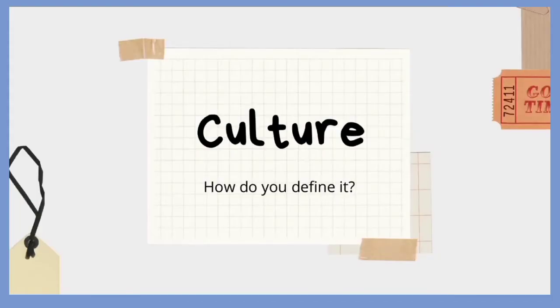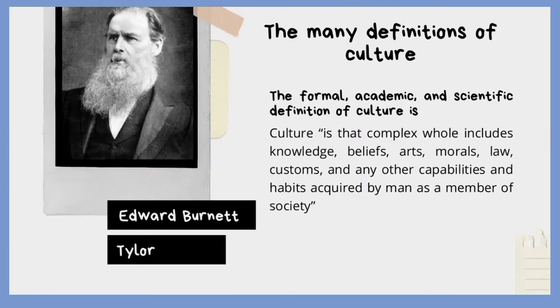So, culture, and how do we define it? Technically, there are many definitions of culture that sprung from the brilliant minds of anthropology and sociology. One of these definitions was given by Sir Edward Burnett Tylor, an English anthropologist known as the founder of cultural anthropology.